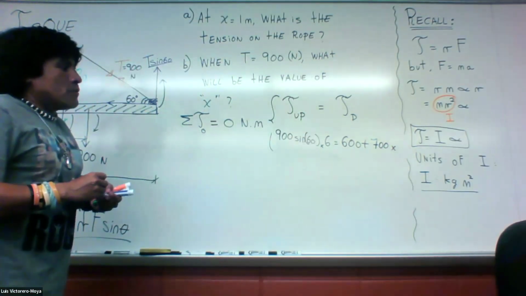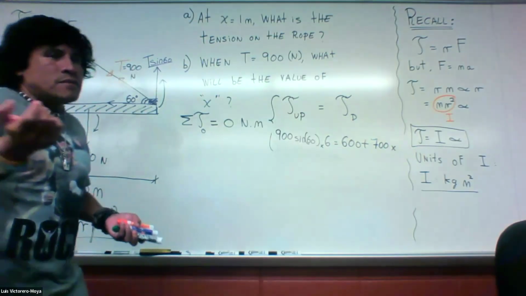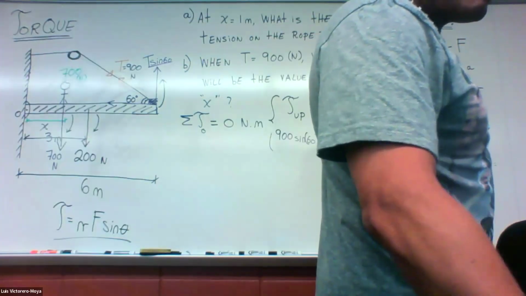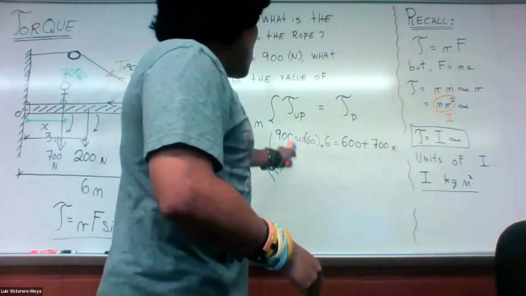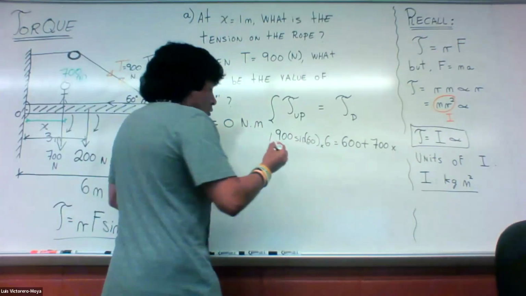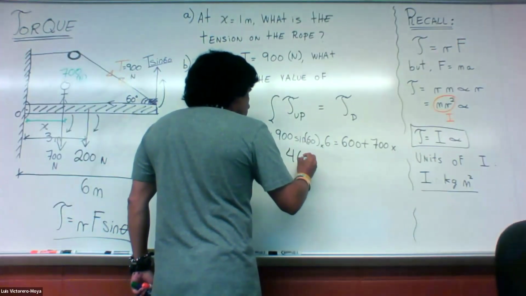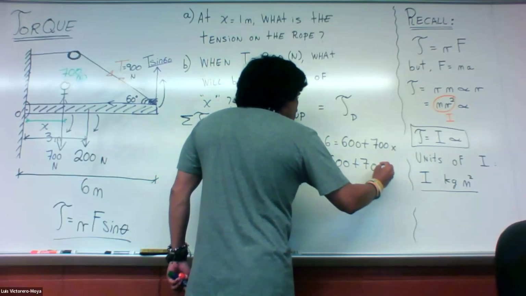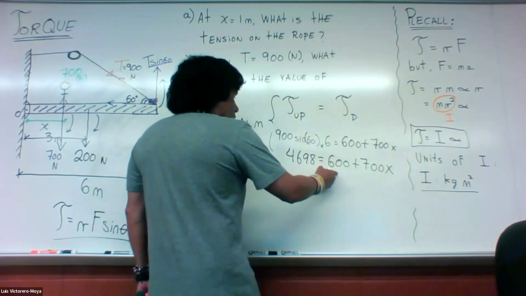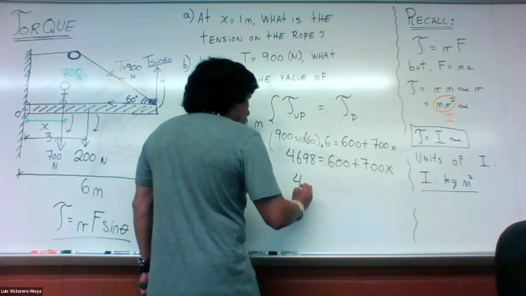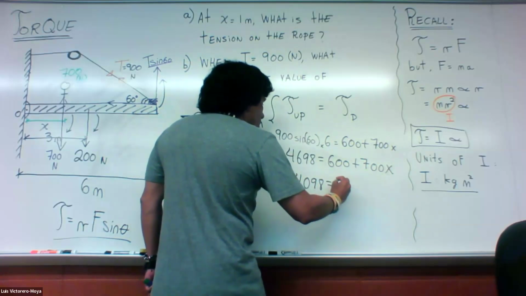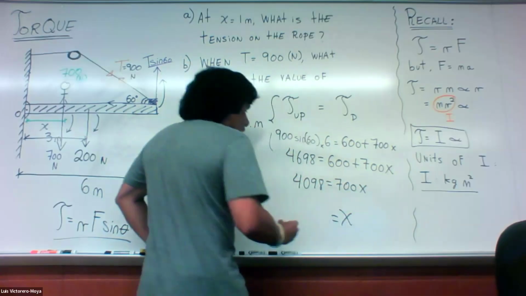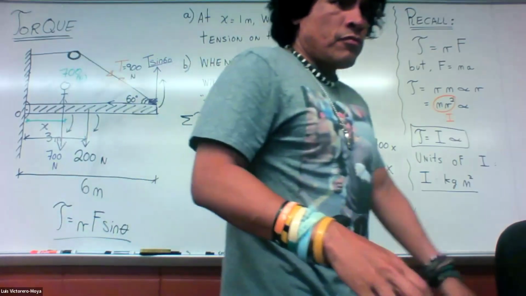So linear equation, right? 900 times sine 60 times 6. That is 4698 equals to 600 plus 700x. So if I do this minus this, it is 4098 equals to 700x, divided by 700. It should be around 5.